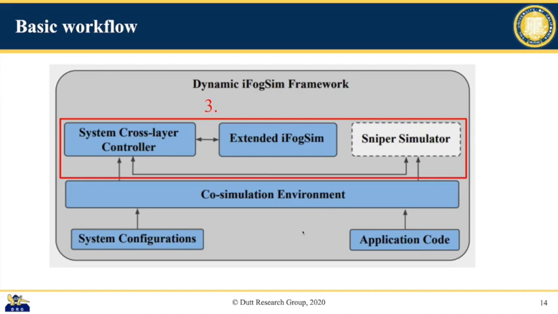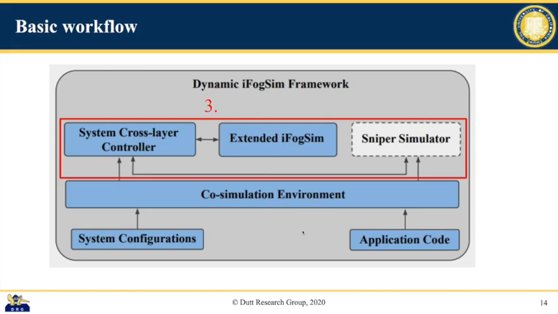Then the controller sends it to the Sniper simulator to check the application's running time and power consumption with the current status of the virtual devices. Finally, the controller passes the result of Sniper Sim, and the extended iFogSim can continue the simulation. So this is the basic workflow of this platform.